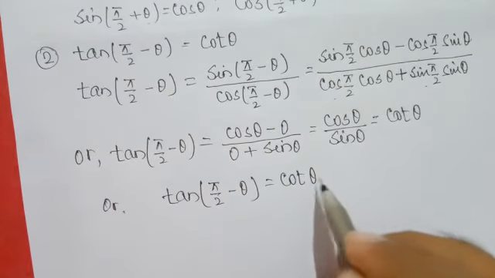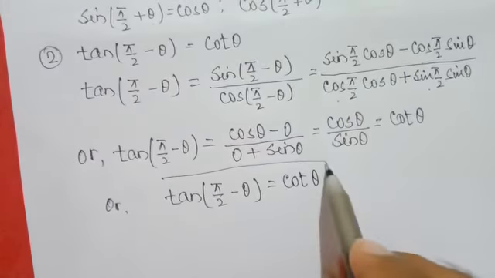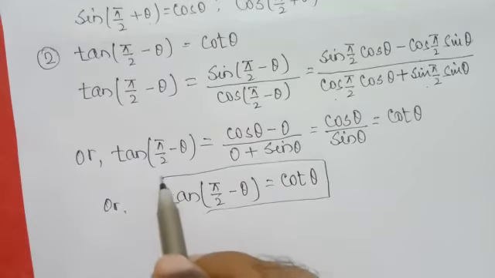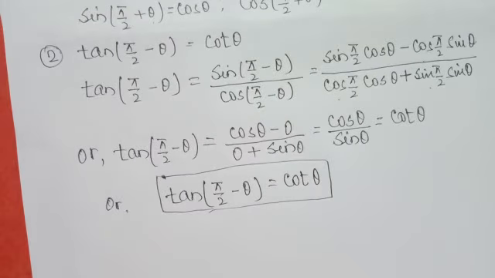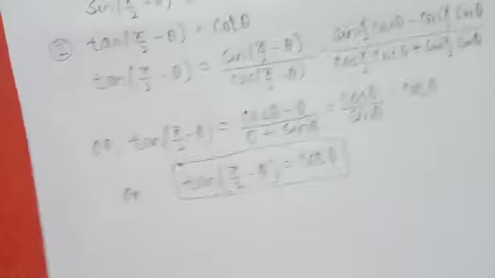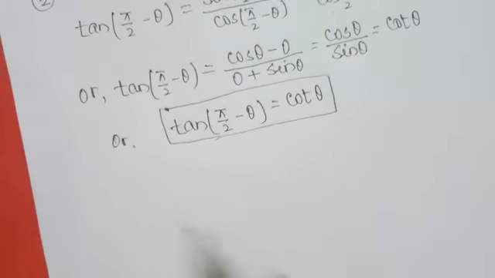This is another formula for pi by 2 minus theta. Similarly, we can derive the formula for cot pi by 2 minus theta, sec pi by 2 minus theta, and so on. The next formula is for cos pi minus theta and sin pi minus theta.